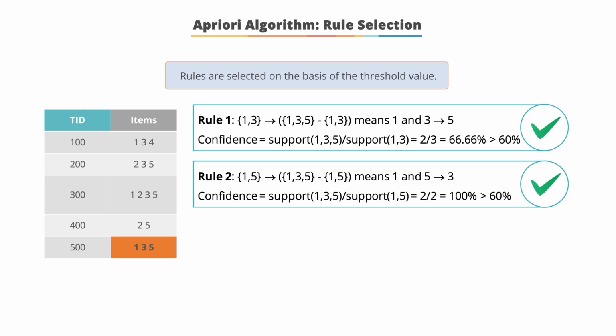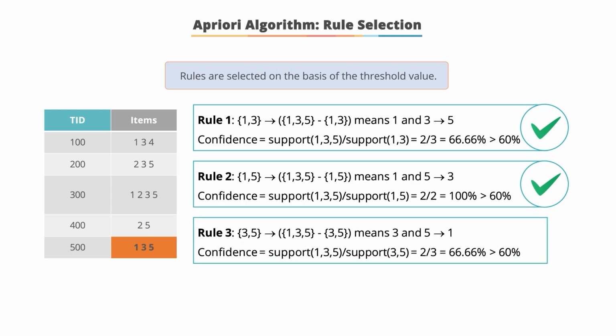Rule 2 is selected. Rule 3: {3, 5} → {1, 3, 5} minus {3, 5}, which means 3 and 5 → 1. Confidence equals support(1, 3, 5) over support(3, 5) equals 2/3 equals 66.66%, which is greater than 60%. Rule 3 is selected.